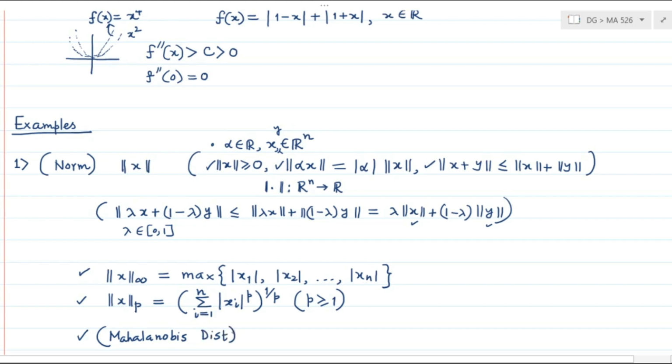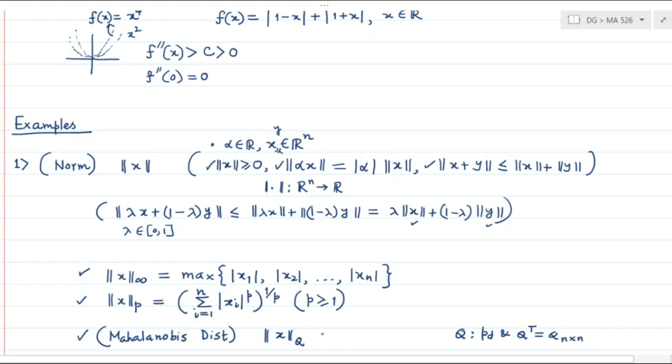This was derived by P. C. Mahalanobis in 1936 for statistical theory to measure distance from a point P to a distribution, and this was given by the norm of x, where Q is a positive definite and symmetric matrix, Q transpose equals Q, obviously of order n by n. Here Q is of order n by n because we are working in the n-dimensional Euclidean space R^n.